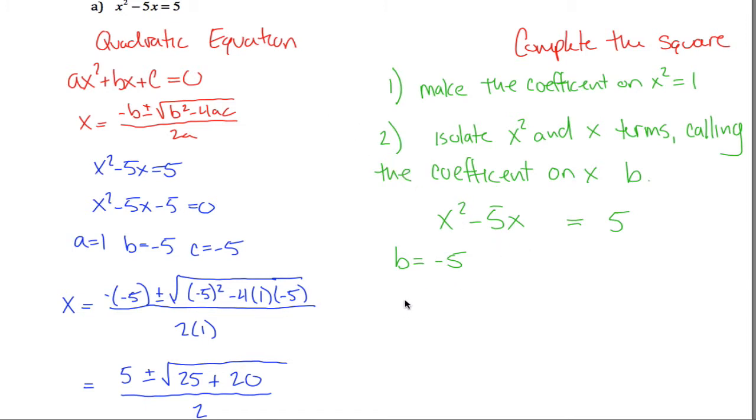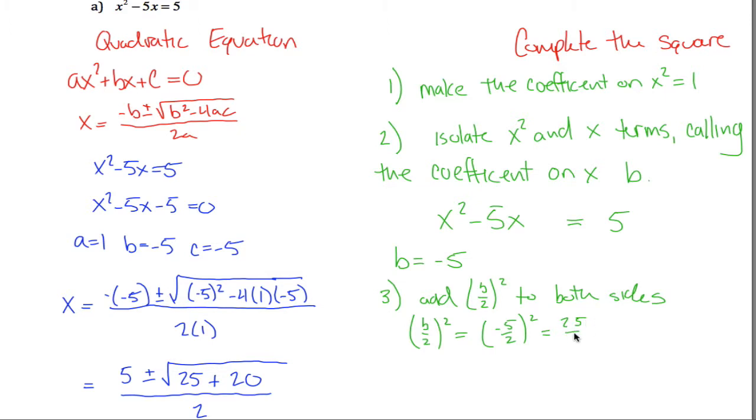Okay, step 3. Add b over 2 squared to both sides. So if b is -5, b over 2 squared is -5 over 2 squared, which is 25/4.